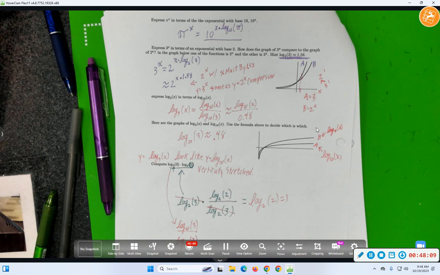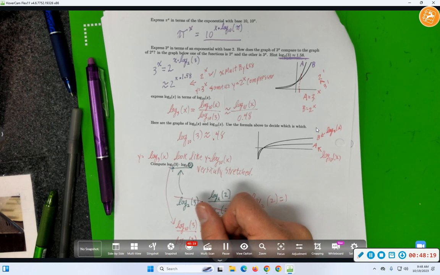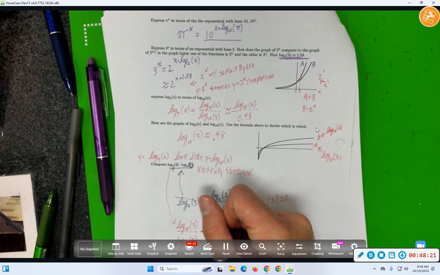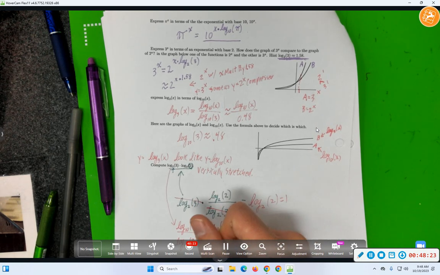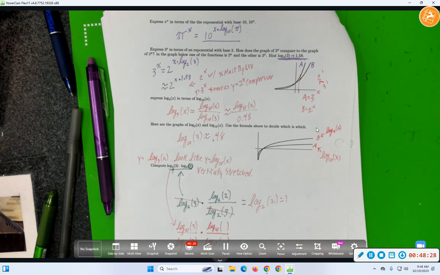And what does the other one become? I'll have to do everything in terms of base 10. So it'll be log base 10 of something divided by log base 10 of something. What goes in the parentheses?